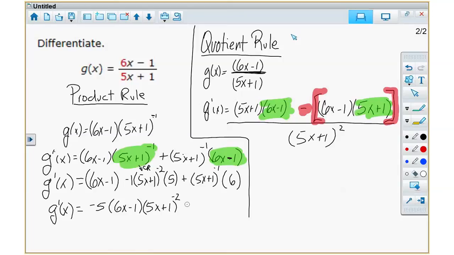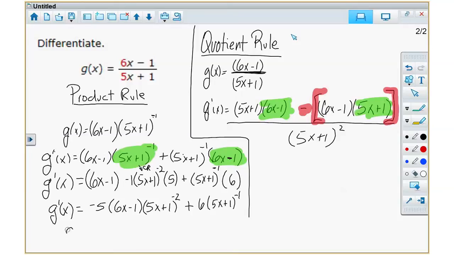plus that 5x is to the what? Negative 1. So you can bring it down. So I'm just going to rewrite this as 6 times 5x plus 1 to the negative 1. And now I'm going to bring the x terms to the negative power. I'm going to bring them down.